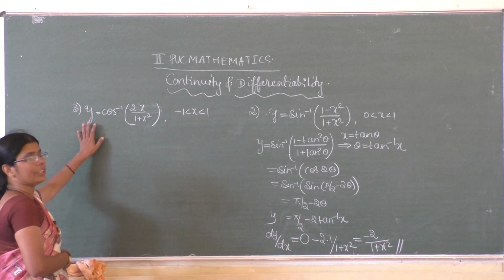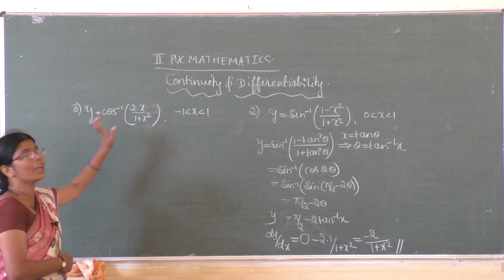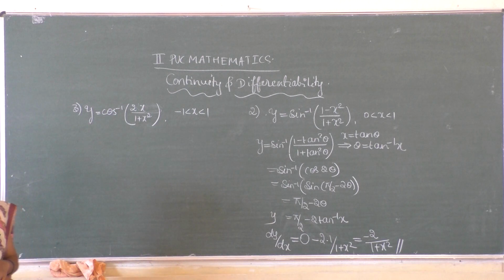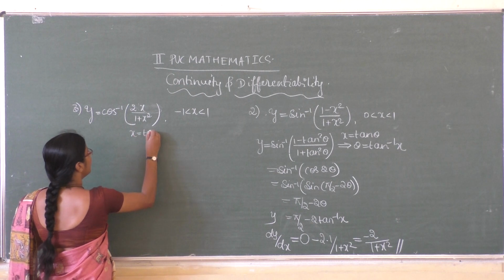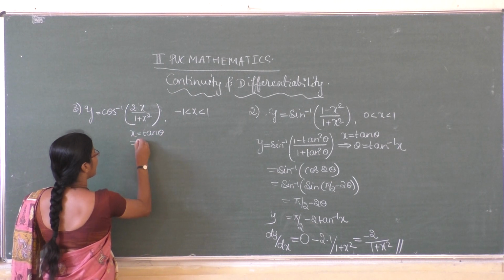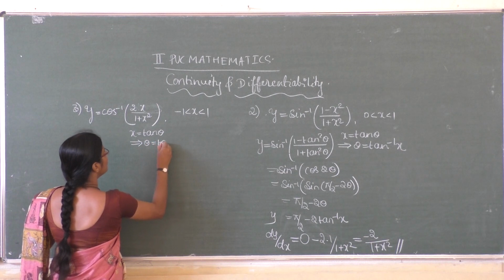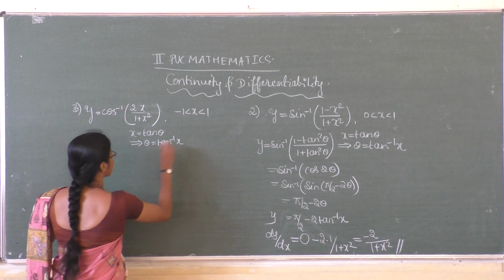Okay, y equal to cos inverse of 2x by 1 plus x square.